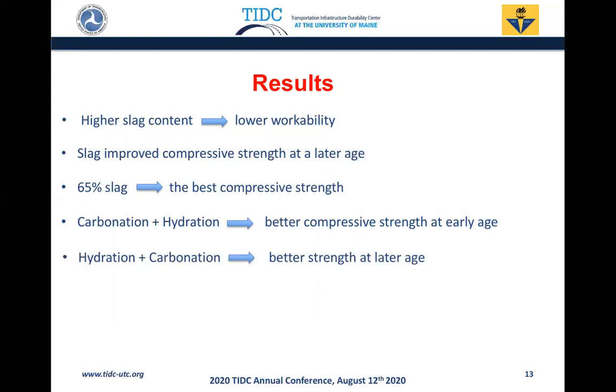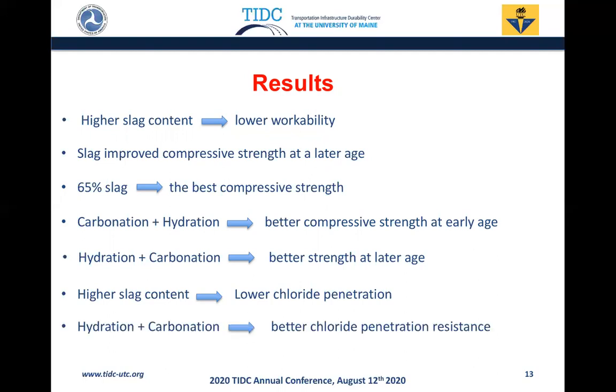Hydration plus carbonation curing procedure results in better strength at later age. Higher slag content lowers the chloride penetration, and hydration plus carbonation promotes the chloride penetration resistance based on our RCPT test.